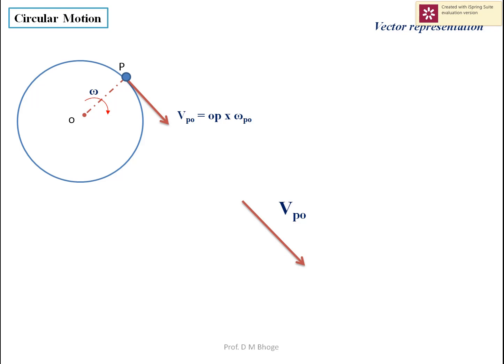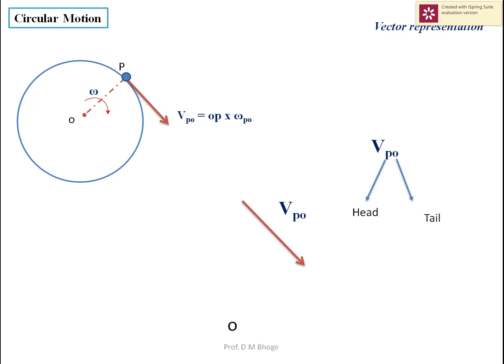Now how to plot this vector? For vector VPO, we have determined its direction. Its direction is perpendicular to the radius of rotation OP. So this is our vector VPO, perpendicular to OP. We read this vector as VPO. When we read the vector as VPO, O must be the tail of the vector and P must be the head of the vector.